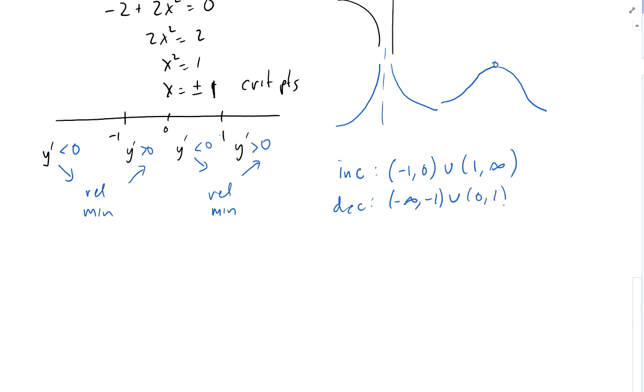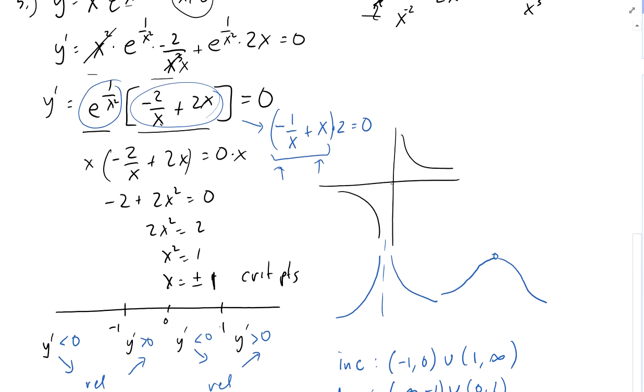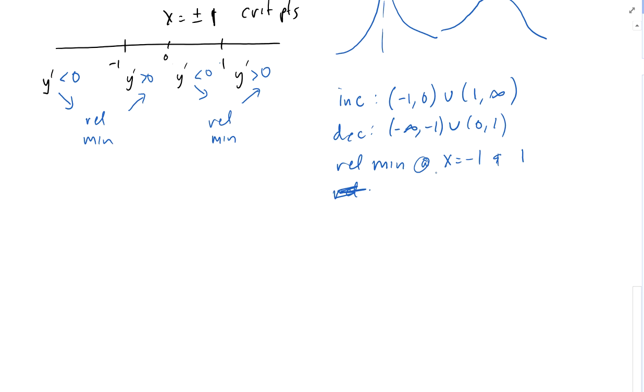Excuse me. Okay, we've got a relative minimum at x equals negative 1. We've got a relative minimum at 1. So what points do these correspond to? Well, we have to plug into the original function, x squared e to the 1 over x squared. So it actually happens at negative 1, and then x squared e to the 1 over x squared is just e to the 1 over 1, right? So that's just e.